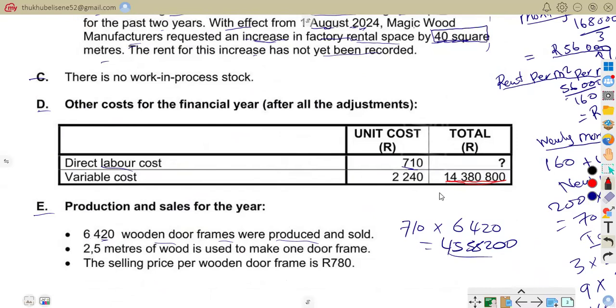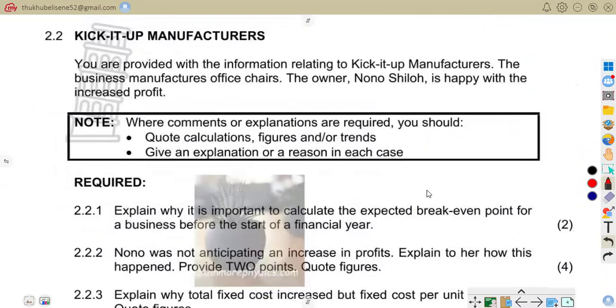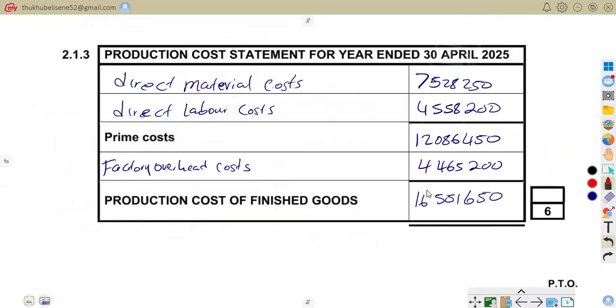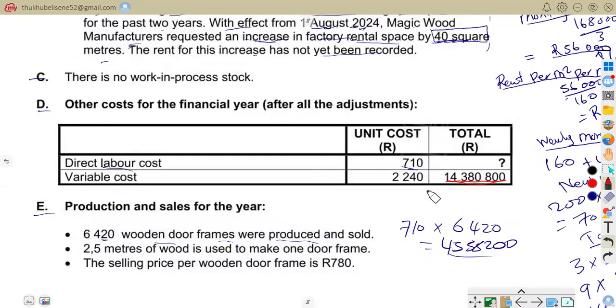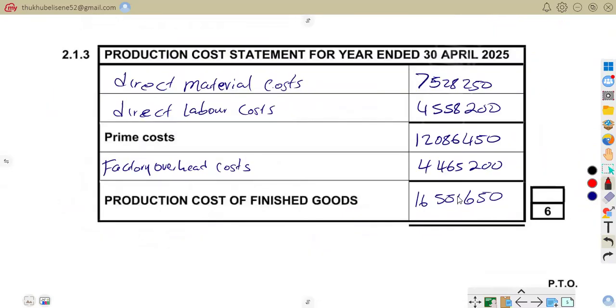We're going to say variable cost minus production cost. Our production cost is prime cost. So let us go to our answer book. You've seen how much is our variable cost. This is the amount for variable cost, 14,380,800.